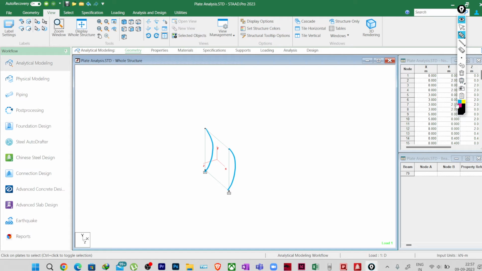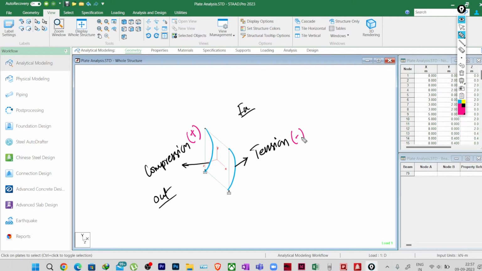Here, this is my in, this is my out: my inner face is under tension and my outer face is under compression. So if I ask you to define it, the sign convention will never change. Z is outward, so outward, compression will be positive and inward, tension will be negative.